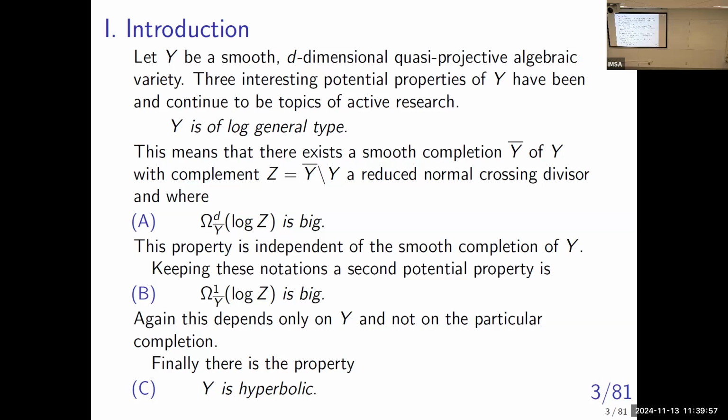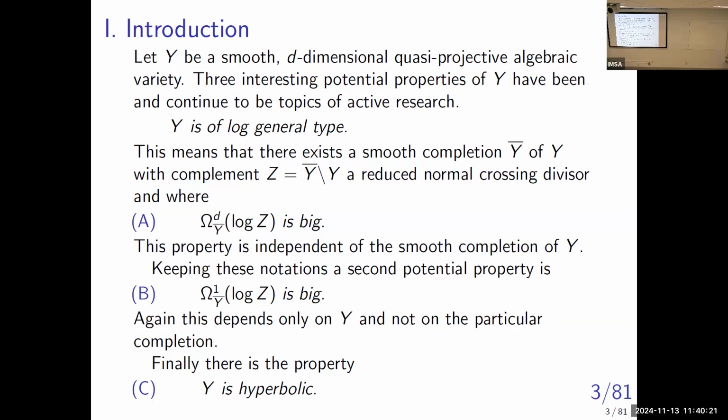You just add the logarithmic derivatives of the local defining equations of the normal crossing variety. And then the property is that the top degree differential, the canonical bundle with logarithmic poles, is big. So it's like general type, only it's logarithmic general type.